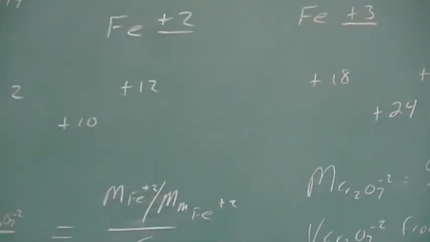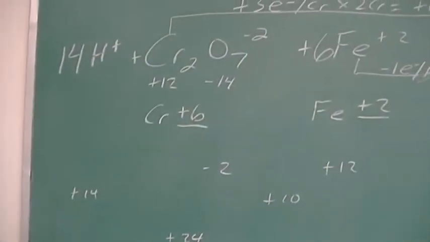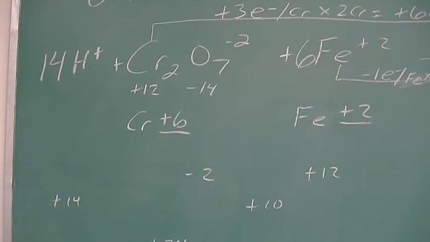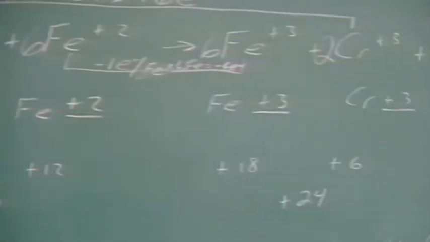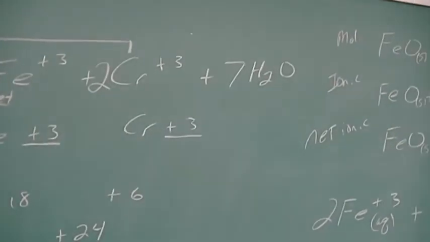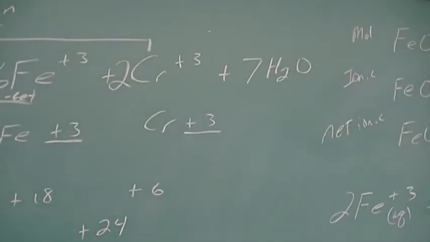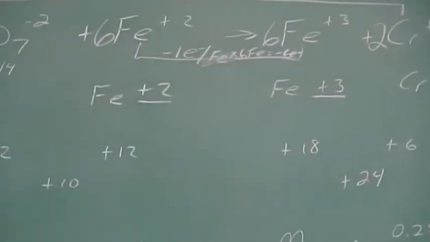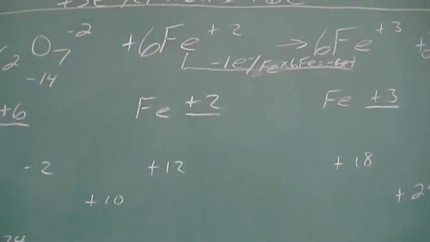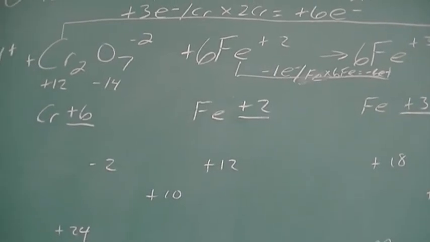And so now we've added hydrogens, 14 of them, and to balance those hydrogens and the 7 oxygens from the dichromate, on the right side we add 7 H2Os to give us 14 hydrogens and 7 oxygens on both sides. So there is our balanced oxidation reduction reaction.